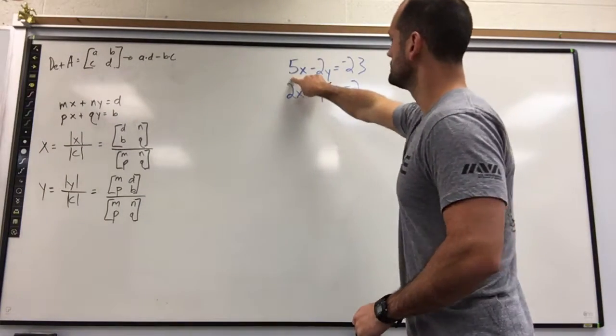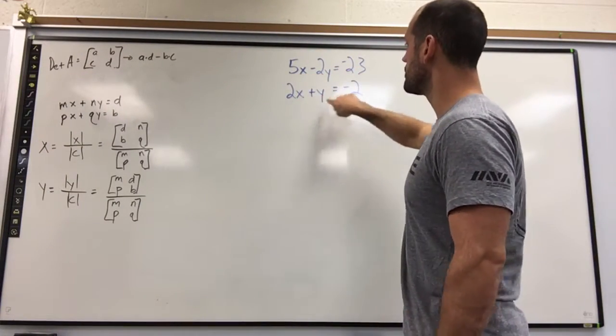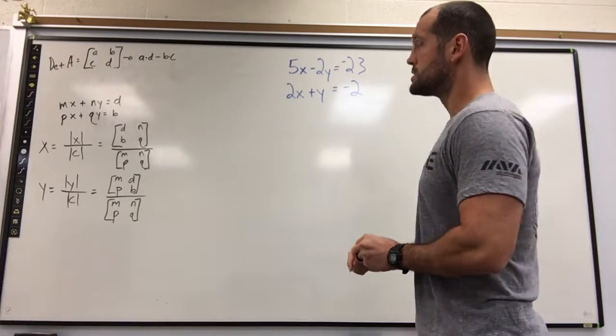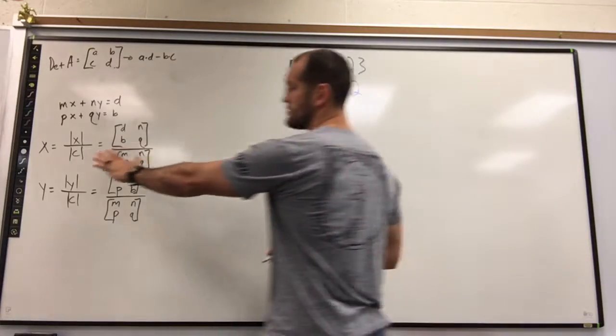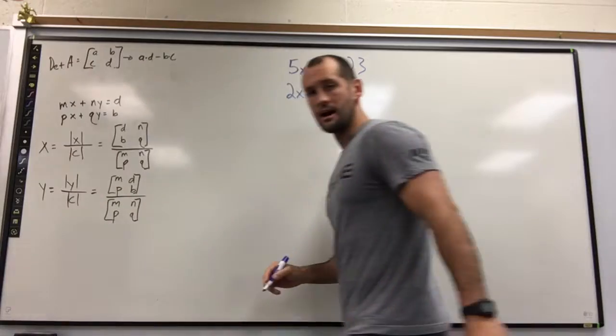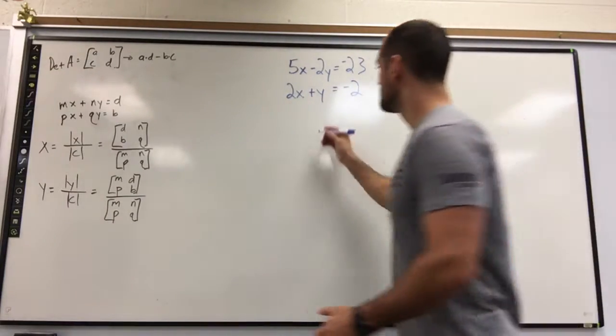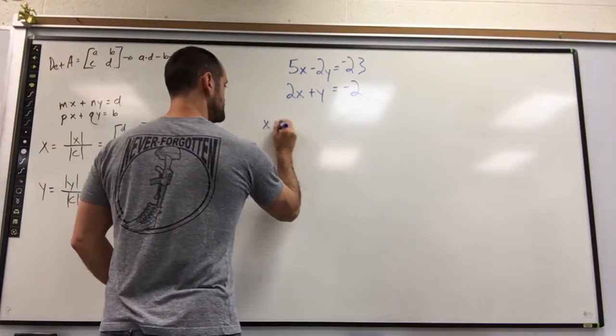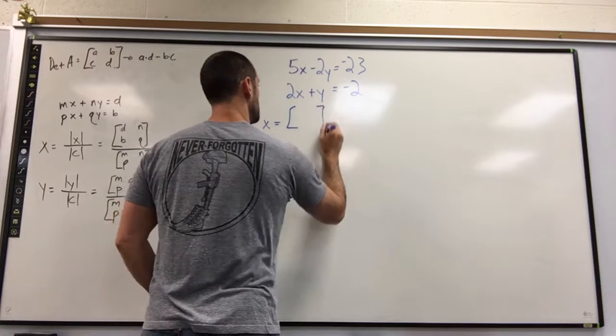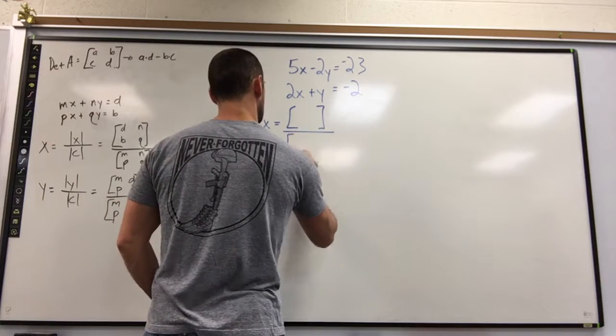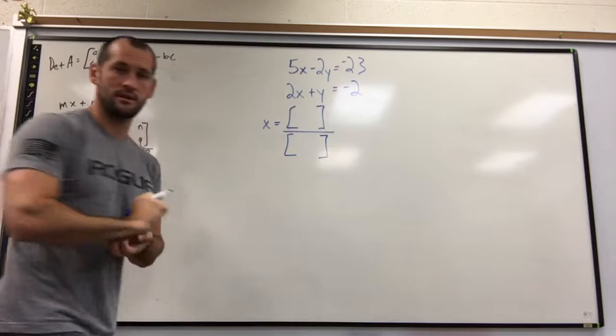First off, I need to identify all my coefficients and equals. If I want to start finding my x value, the first thing I have to do is set up my x matrix over my coefficient matrix.